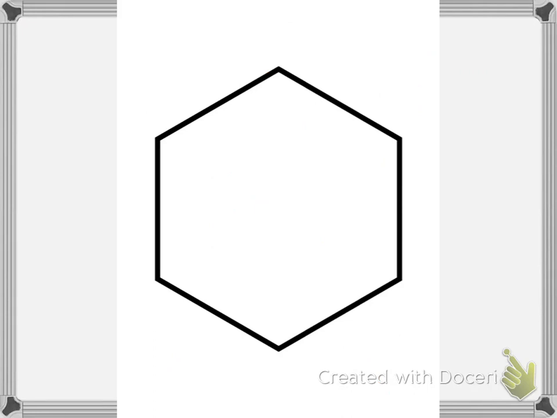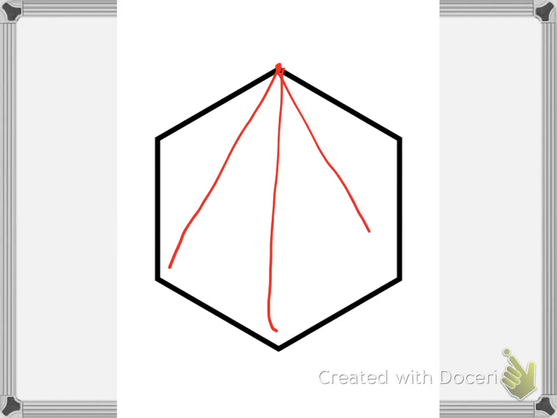Let's take a look at this hexagon. Choose one point in the hexagon and draw all the lines to all the other corners of the hexagon. Tell me how many triangles you get. Hopefully, when you do this, it looks like this, and you should come up with 4 triangles.